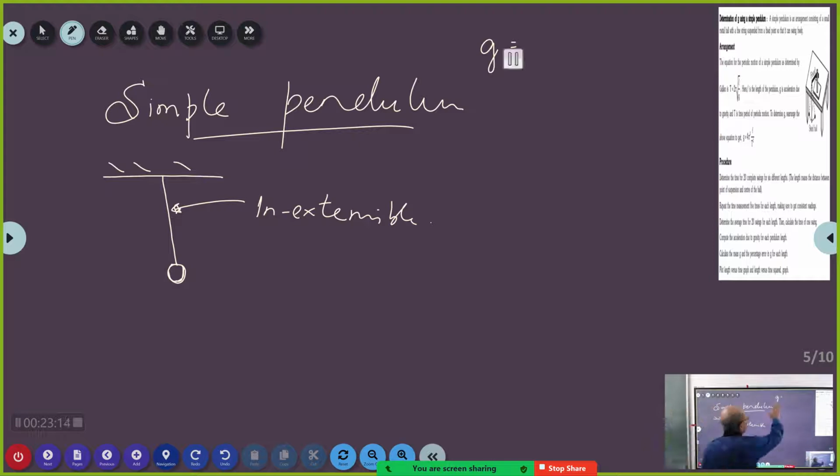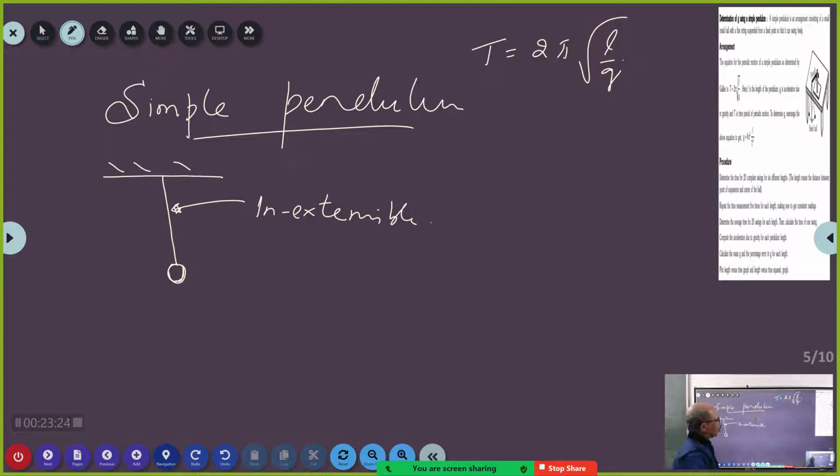Okay. So for that you would have written in your journal that we know that the time period T is equal to 2 pi root of L by g. Correct? And therefore this implies g is equal to, right? g is equal to what? 4 pi square by T square into, am I writing right?